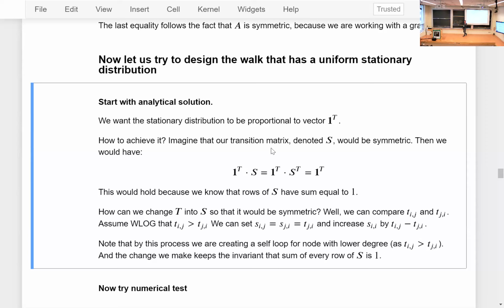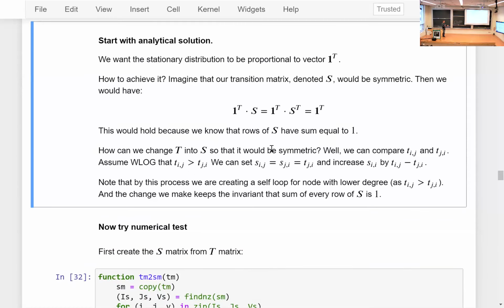So if my matrix S were a symmetric transition matrix, then my walk would be uniform. So the question is, can we find a way to make it symmetric?